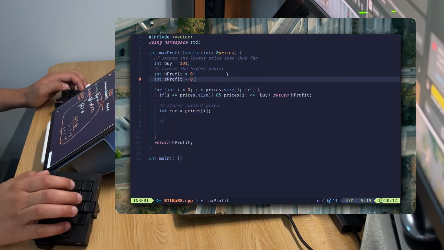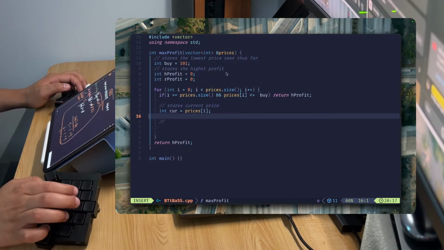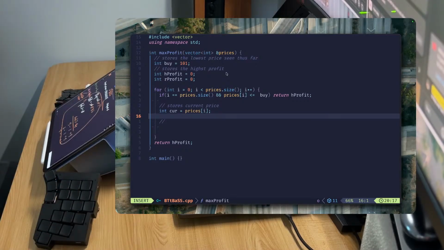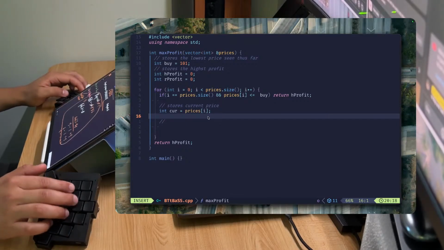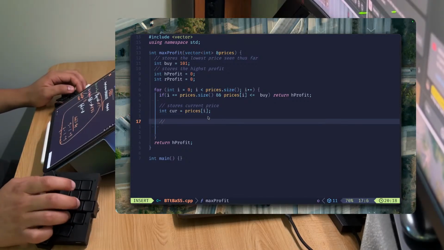The highest profit will be checked against running profit, but every time we see a new lower buy value, we are gonna reset running profit. So let's see.